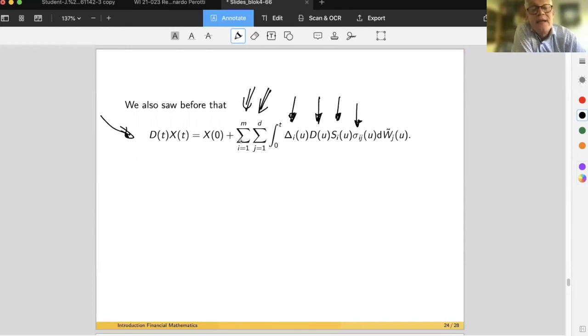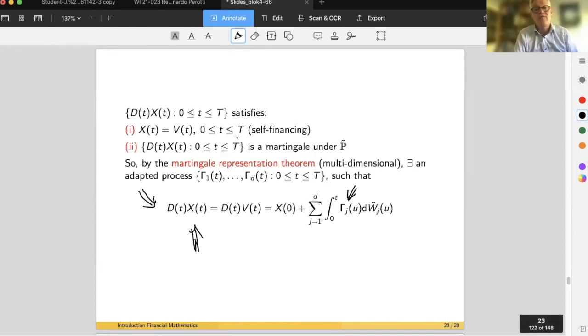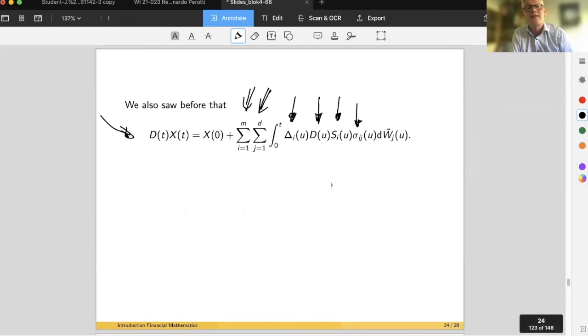And again, it looks very similar to the one-dimensional case, only we now have these sums in front. With that gamma from the previous slide, we basically now have a qualitative statement that there is a gamma, and that gamma is in fact equal to this term.